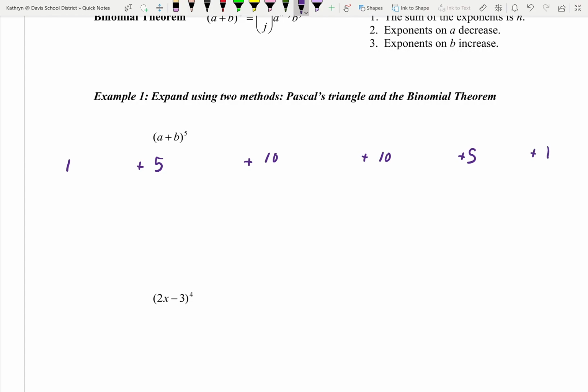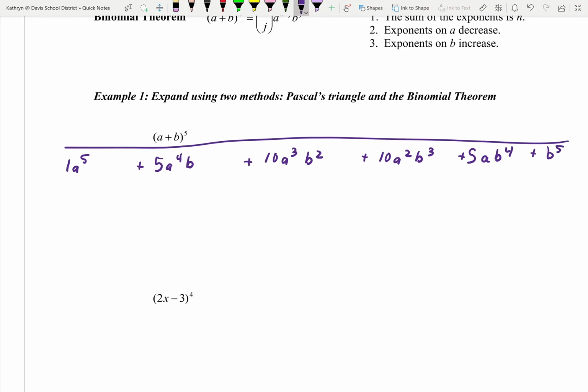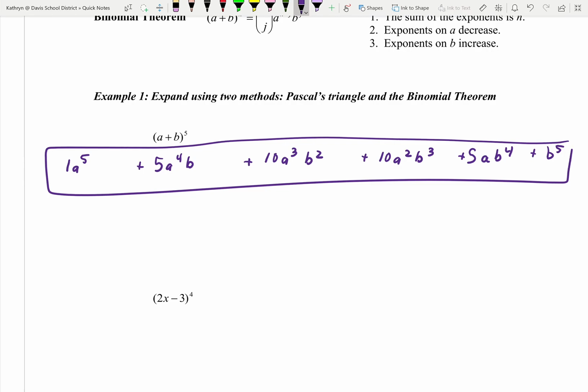A starts high. So this A is to the 5th, and then to the 4th, and then to the 3rd, and then to the 2nd, and then to the 1st, and then there's no A. B starts small, so no B, then 1 B, then 2 B's, and then 3 B's, and then 4 B's, and then 5 B's, and literally, I'm done.